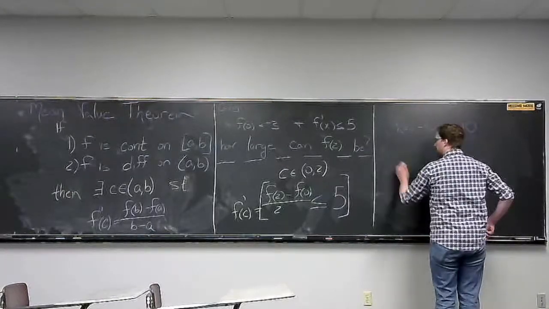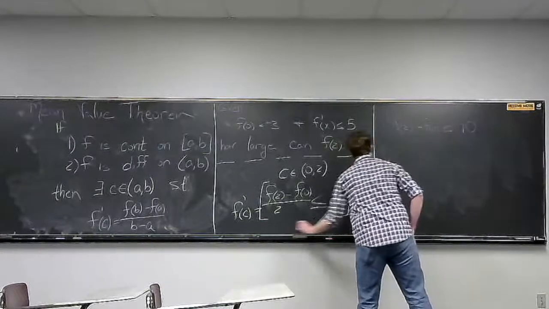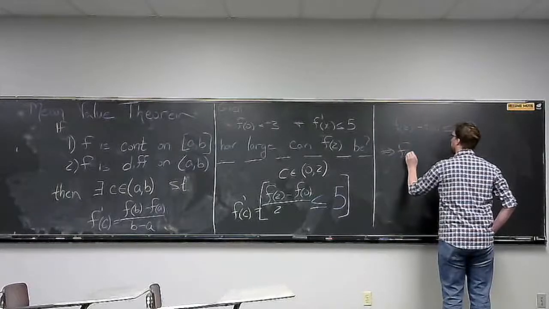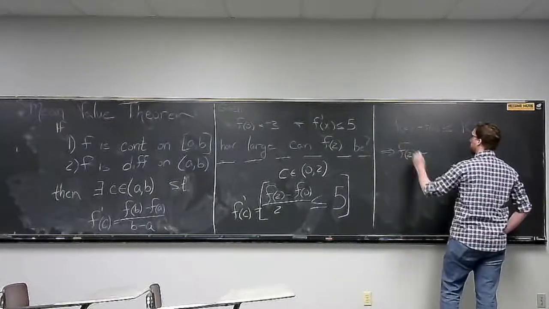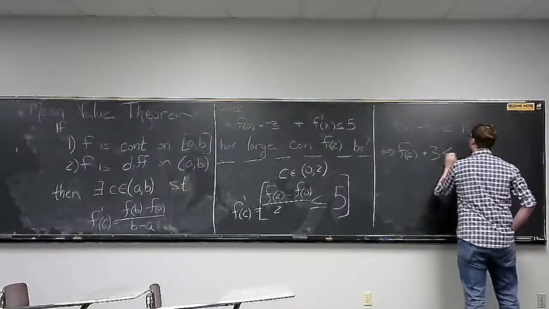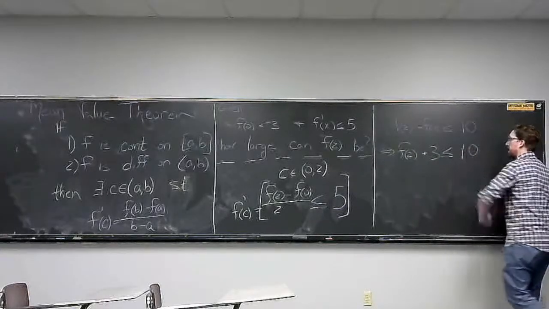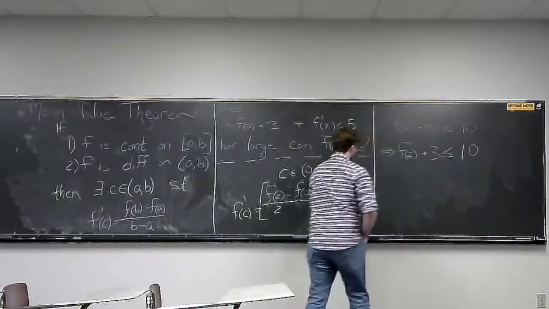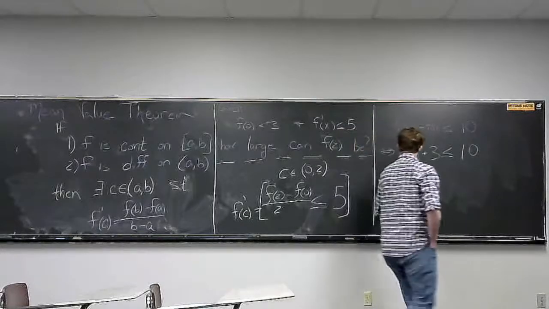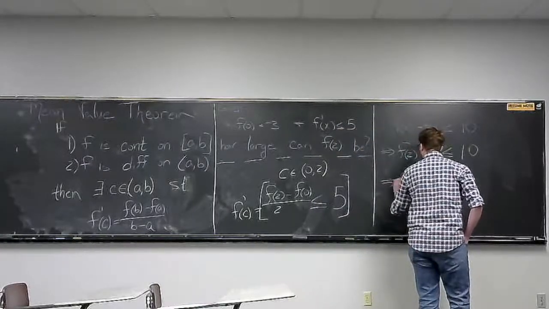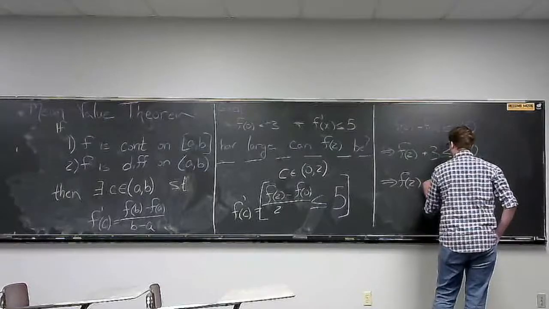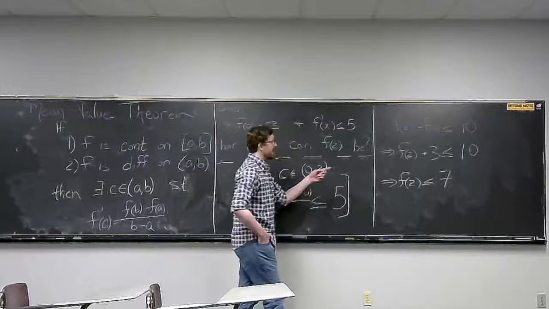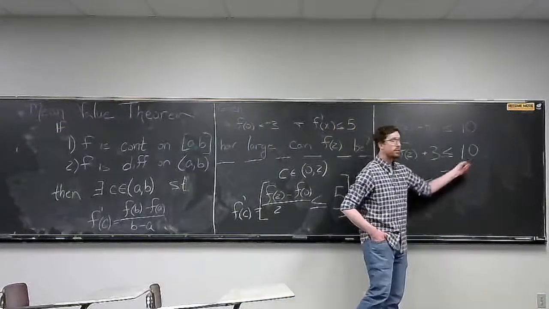So this can be rewritten then as f at 2 minus -3, which is the same thing as adding 3, is less than or equal to 10. But that tells us then that f at 2 is less than or equal to 7. And we can see that because we can subtract 3 from both sides.